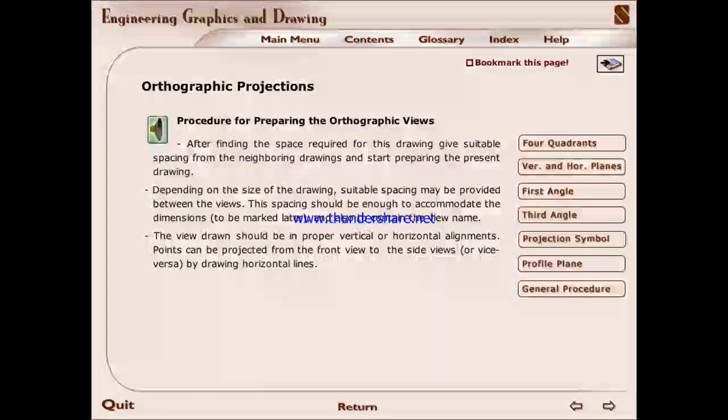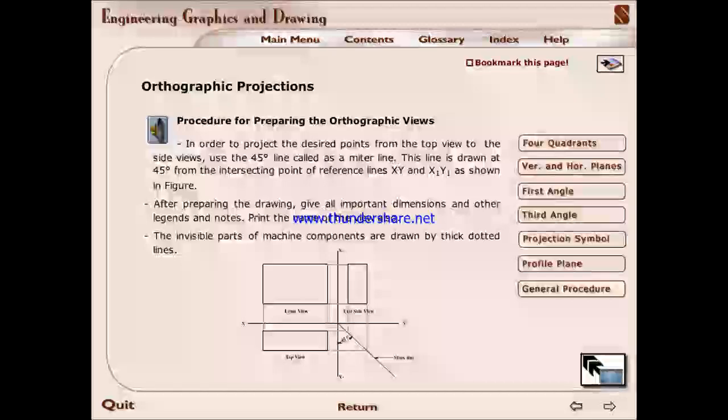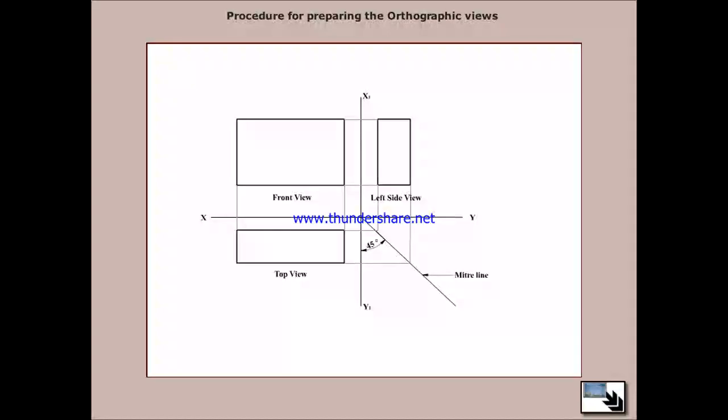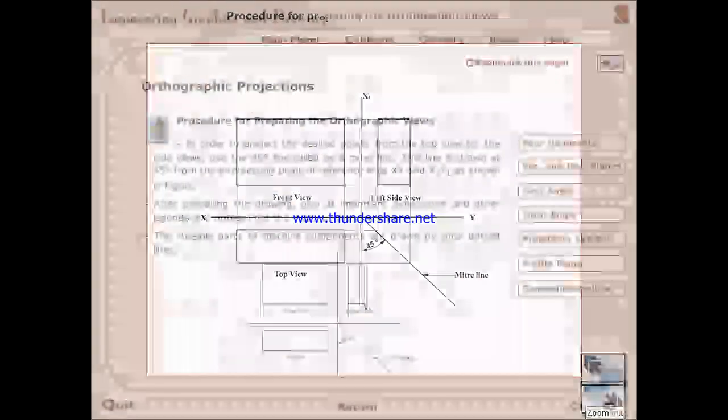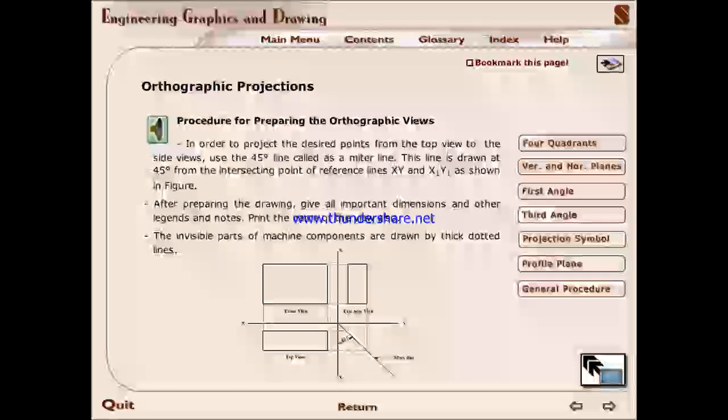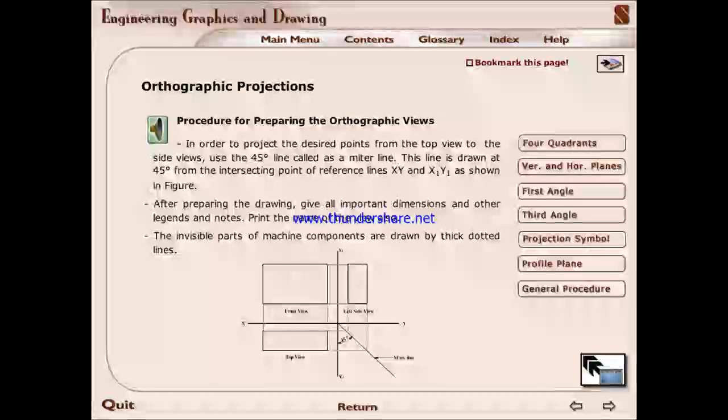The views drawn should be in proper vertical or horizontal alignment. Points can be projected from the front view to the side views or vice versa by drawing horizontal lines. In order to project the desired points from the top view to the side view, use the 45-degree line called the mitre line.